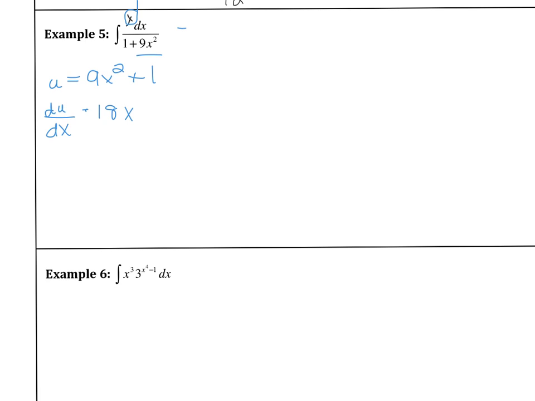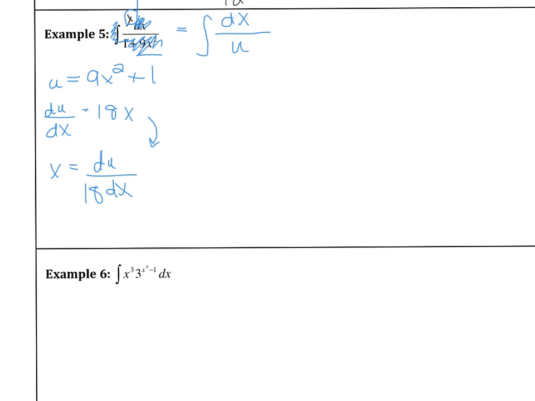Great. So let's start to rewrite. Here's my integral, and my whole denominator I can replace with u. That takes care of that. In the numerator, I need a dx, and I also need something that is exactly equivalent to x. I don't have that explicitly stated, but with a little bit of algebra, if I divide both sides by 18, I will get x equals du over 18 dx.